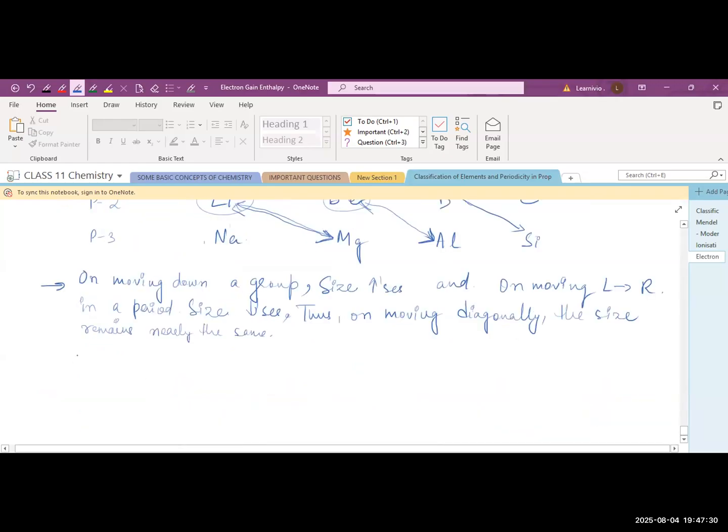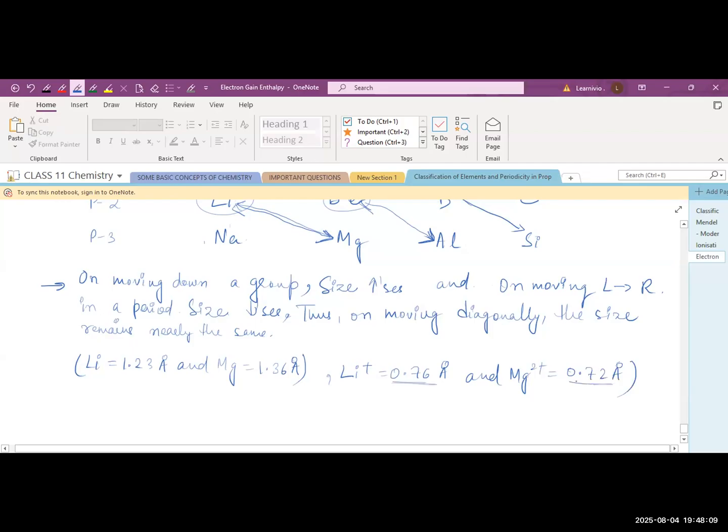So basically, the size of lithium is 1.23 angstrom and magnesium is 1.36 angstrom. Not exactly the same, nearly the same. Now when we talk about the lithium ion, it is 0.76 angstrom, and magnesium 2 plus is 0.72 angstrom.